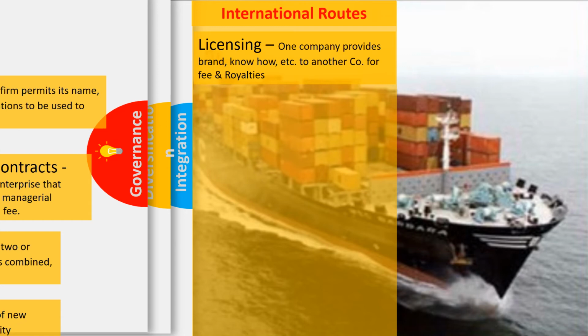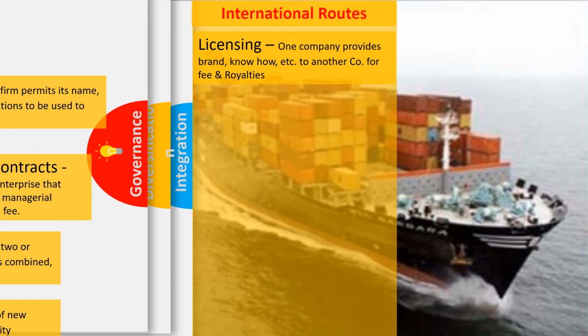When we look at the definition, it's the method of foreign operations whereby a firm in one country agrees to permit a company in another country to use the manufacturing, processing, trademark, know-how, or some other skill provided by the licensor. So it's using that company's brand, know-how, or skill of the licensor to sell into another country. It's very similar to a franchise operation, but we will look at the difference between franchises and licensing in a second.